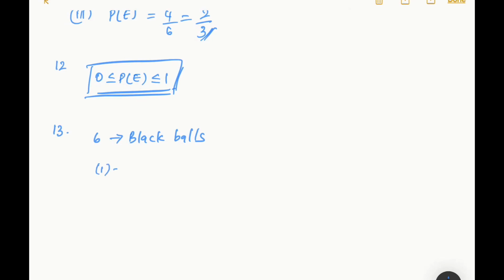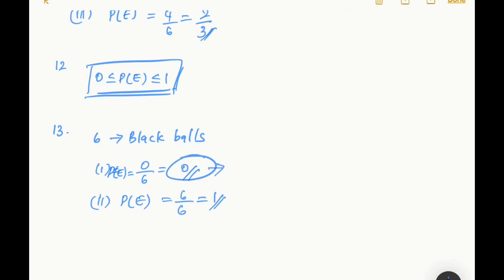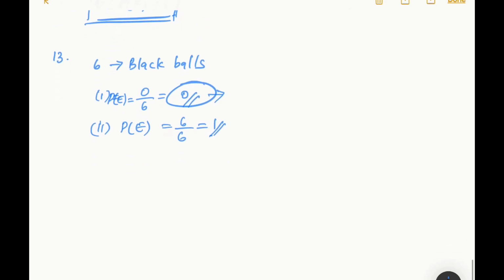So probability of getting a white ball will be 0 by 6. So P of E equal to 0 by 6, that is equal to 0. Next, probability of getting a black ball, that is P of E is equal to 6 by 6 equal to 1. So what is this? Getting a white ball will be an impossible event. Getting a black ball will be a sure event because it contains only black balls.